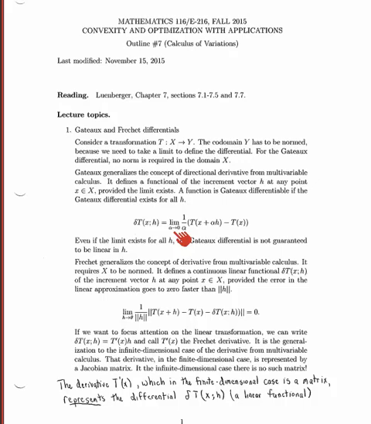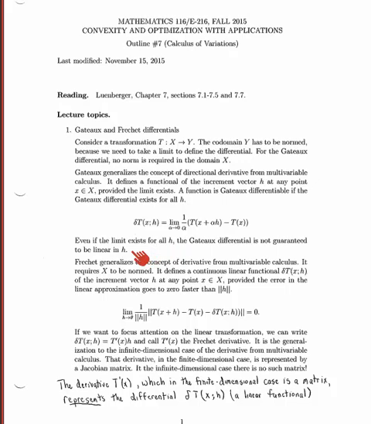This is plain old simple single variable calculus, and the result depends on 2 variables. It depends on where we evaluate the differential, that's the point x, and it depends on the increment, which is h. Even if the limit exists, the Gateaux differential is not guaranteed to be a linear function of h, however.